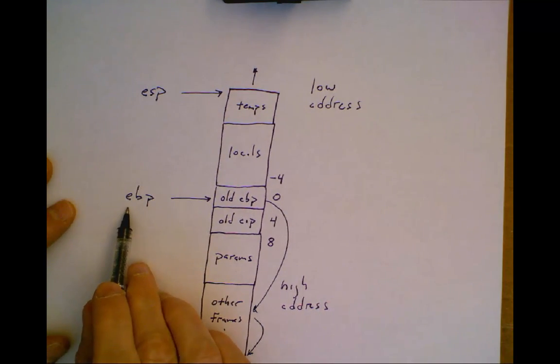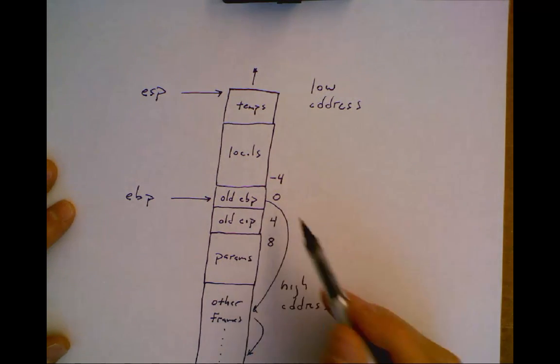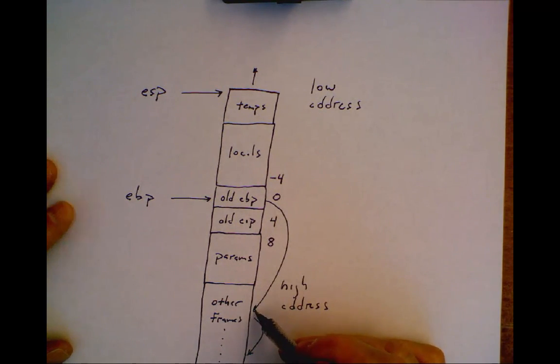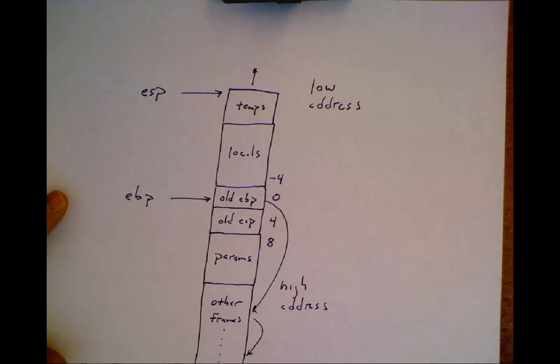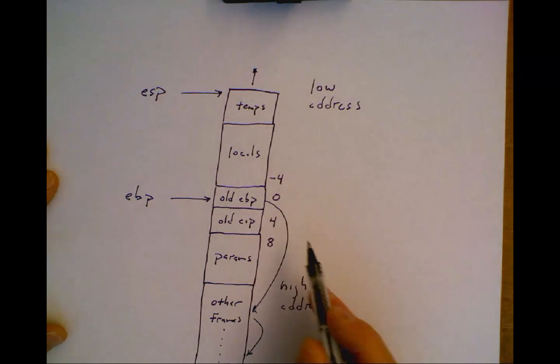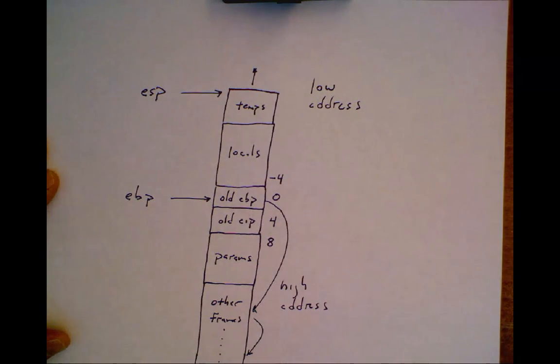The current EBP points to the top frame, which points to the next frame, that frame points to the following frame, all the way back down until the main function. And in fact, the main function points to another frame, I believe, underneath that, which is sort of a stub that the operating system introduces, which calls your main function. But there's in effect a linked list of all these saved frame pointer registers back.